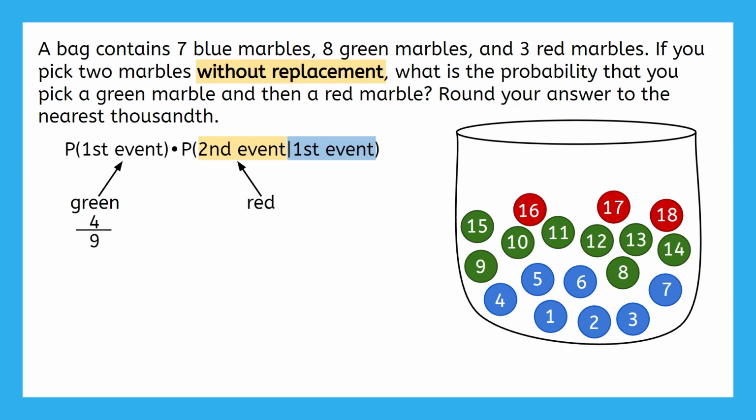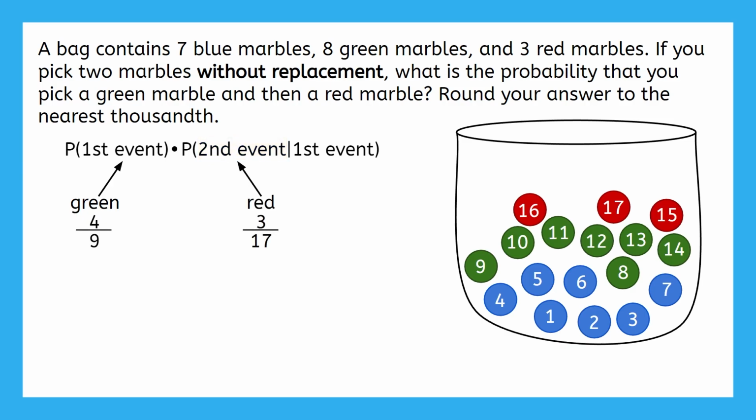Yeah, it does. The bag looks different now. We pulled one of these green marbles out, so now we're down to just 17 remaining marbles. What's the probability of picking a red one now? There are 3 red marbles out of the 17 remaining marbles, so the probability is 3 over 17.